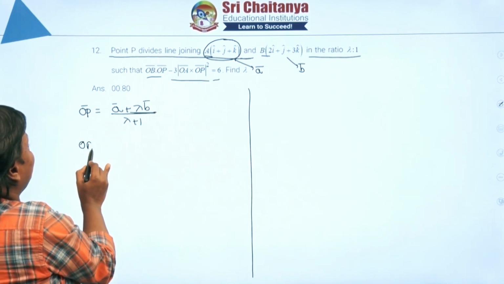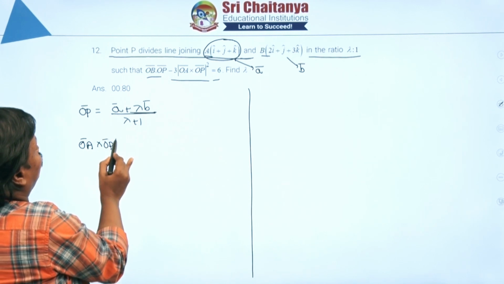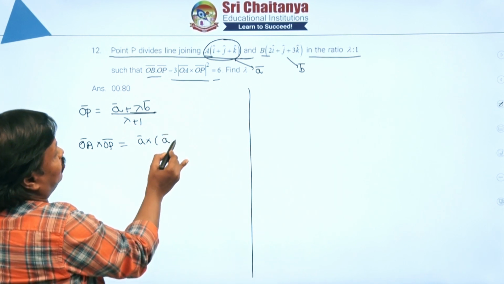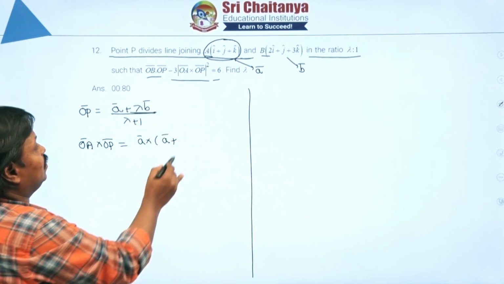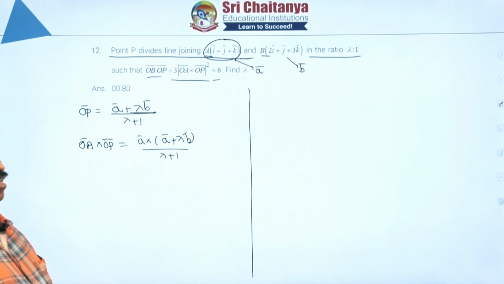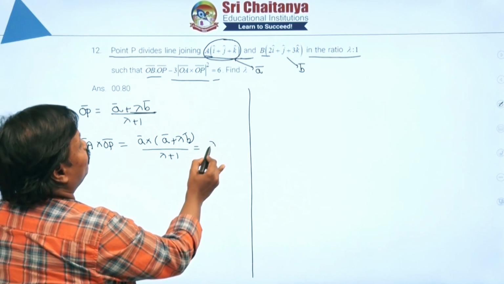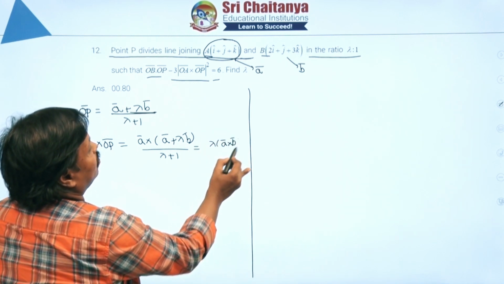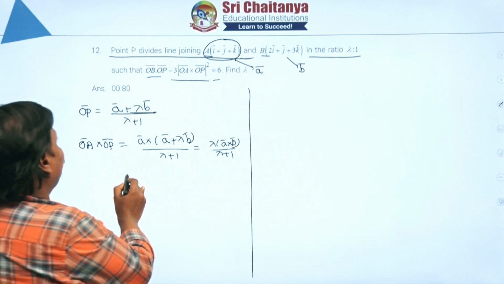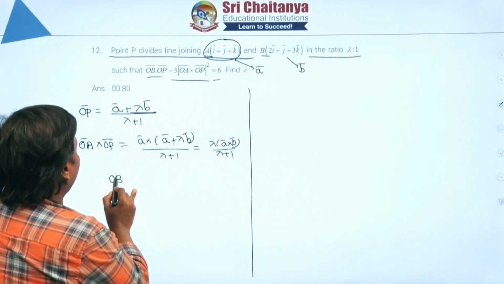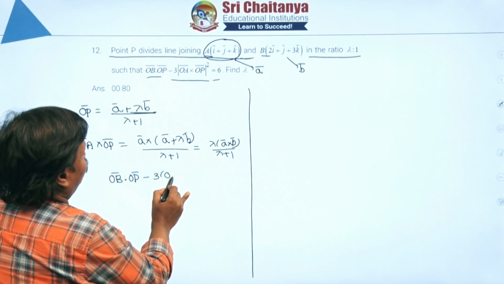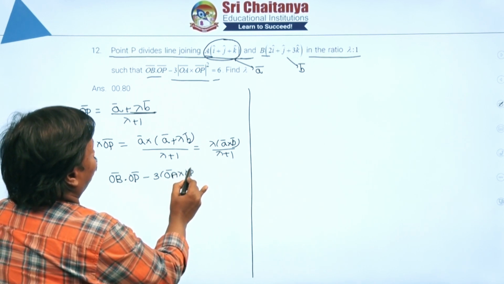So first I calculate OA cross OP. OA cross OP equals to A bar cross (A bar plus lambda B bar) by (lambda plus 1). A cross A is 0 bar and it is lambda into A cross B by (lambda plus 1). So I got OA cross OP. Now OB dot OP minus 3 into OA cross OP square equals to 6, he gave.